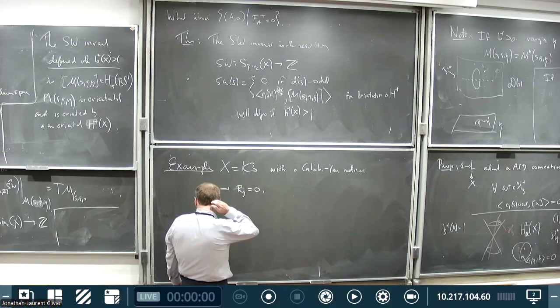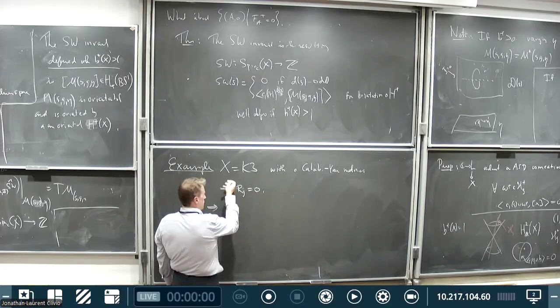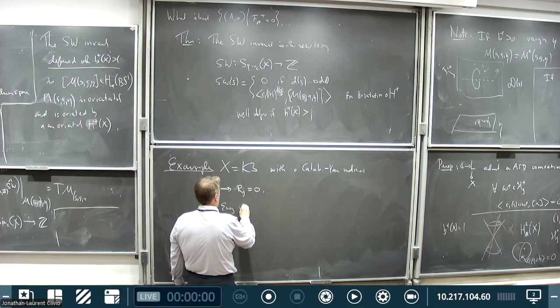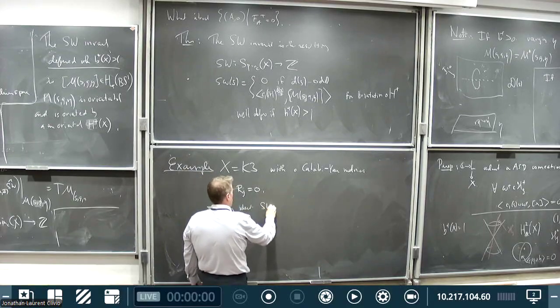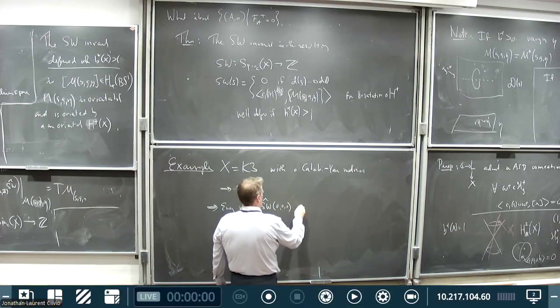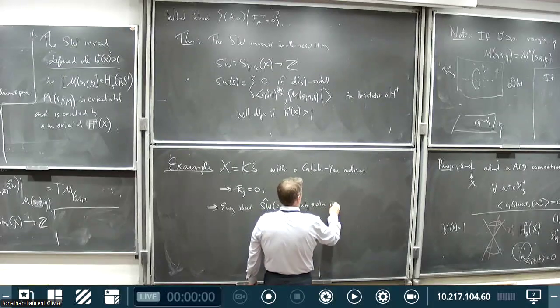So that implies from the energy identity that if I look at the extended Seiberg-Witten inverse of 0, the only solution is 0.